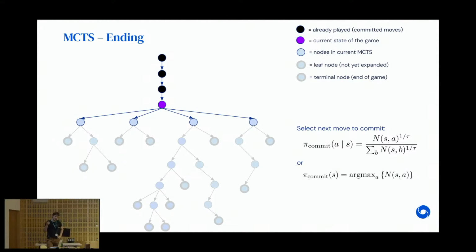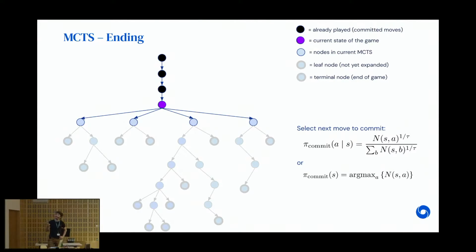And the rule that is most commonly used is one of these 2. We look at the visit counts of these 4 actions, so how big the subtree under each action is, and then we pick the action that either maximizes the visit count deterministically, or we pick proportionally to the visit counts with some temperature, if we want to have some additional exploration here.